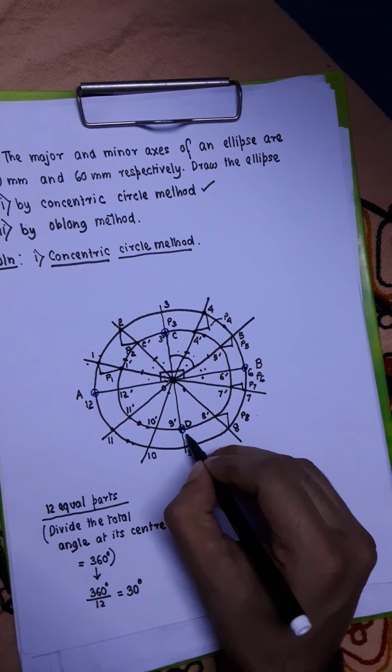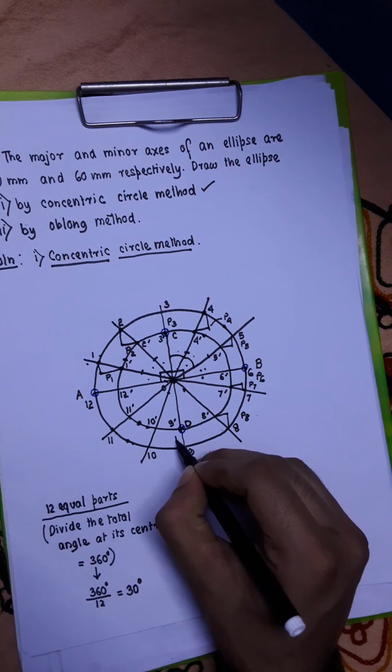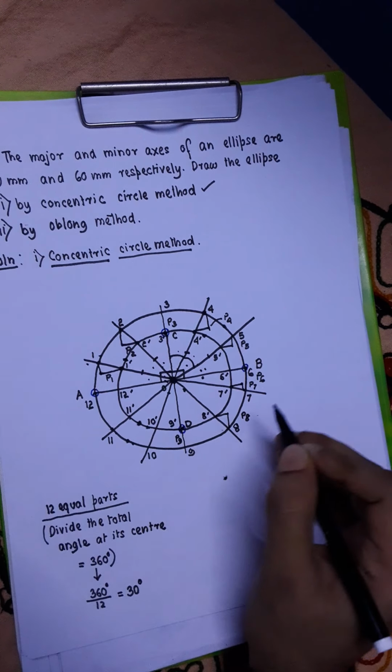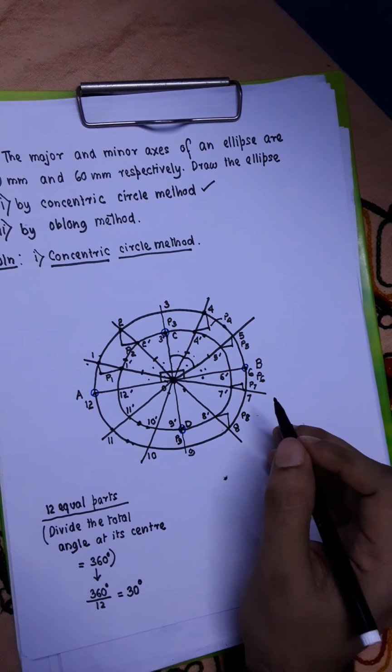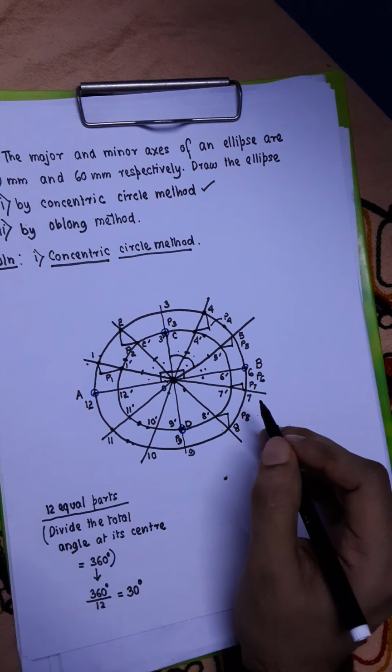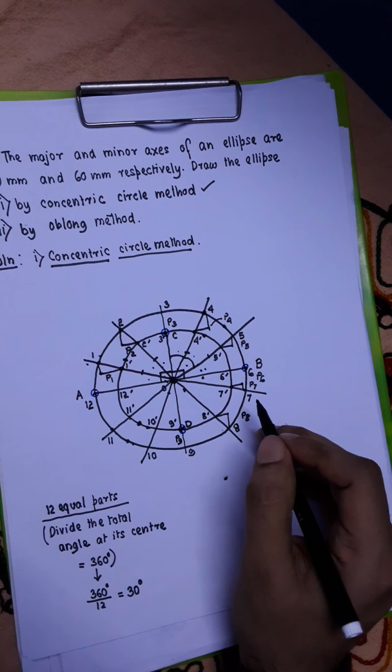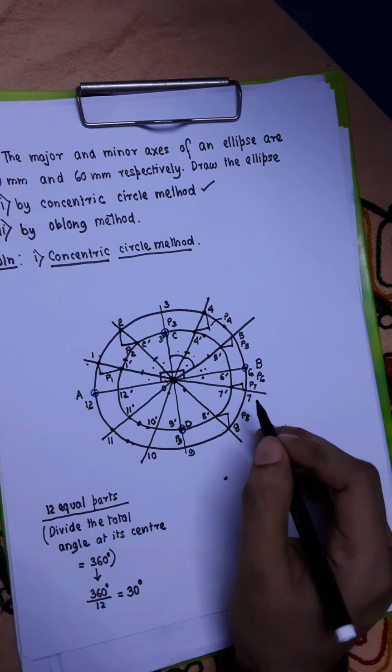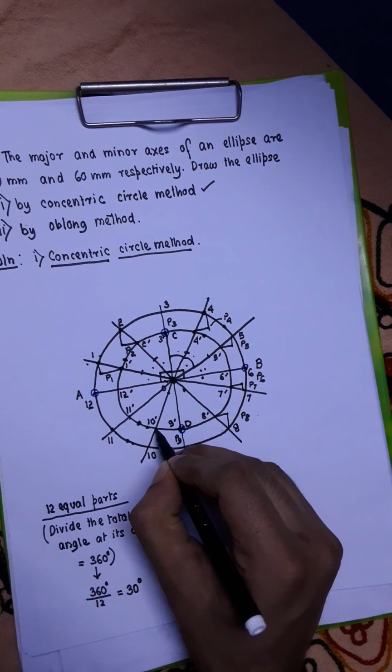What is P9? P9 is the point D because point D represents one of the two ends of the minor axis and both ends of the minor axis should lie on the ellipse. So the point D should also lie on the ellipse. So point D is our P9. How to get P10? 10 dashed is a point on the minor axis circle.